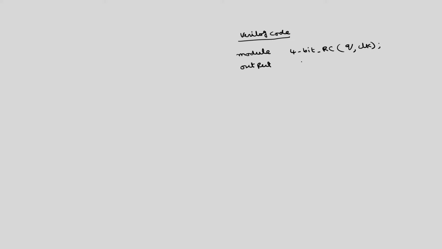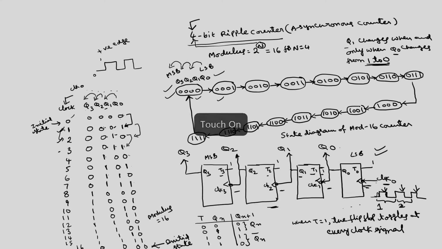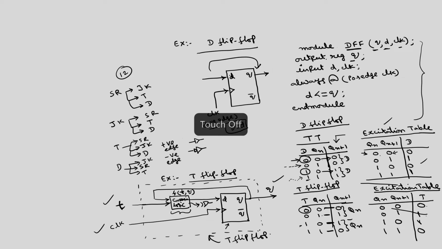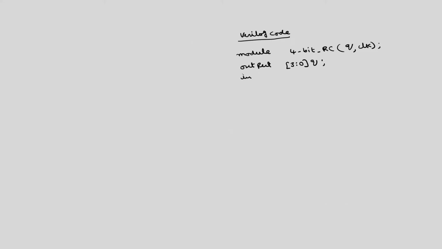Output Q. This register we need not declare, because here also we are not going to use this register; we have defined this register in the main module, the D flip flop module. That will take care of the remaining modules, because we are going to instantiate this. Input clock.